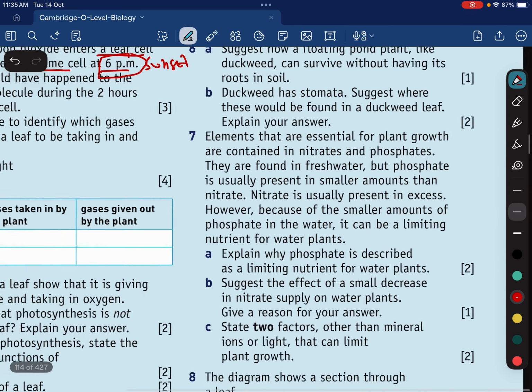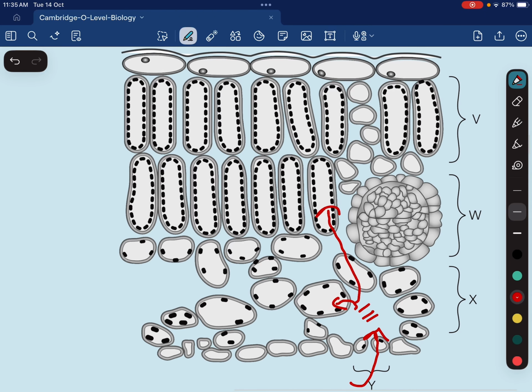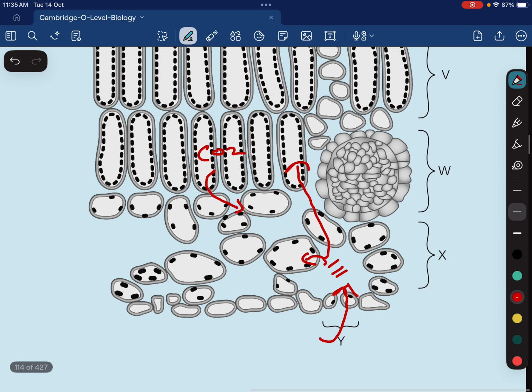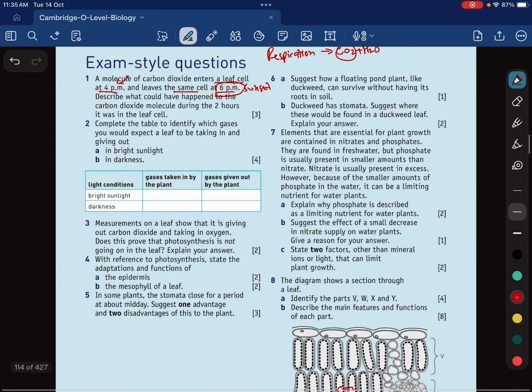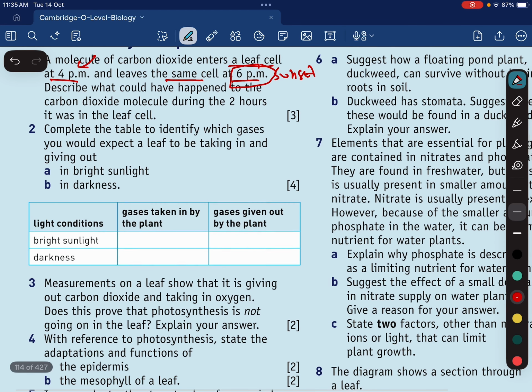So more carbon dioxide is going to be produced from these cells. This carbon dioxide is going to move into the air spaces between the spongy mesophyll cells. It's then going to move through the stomatal opening into the environment. That's basically what's going to happen in these 2 hours.